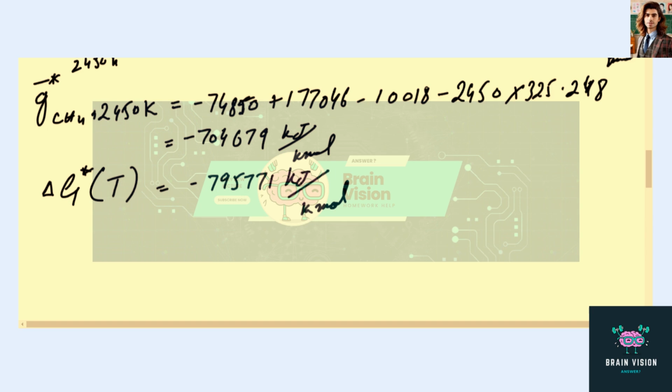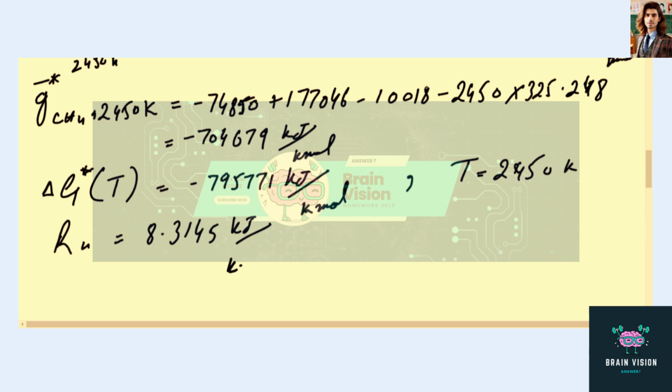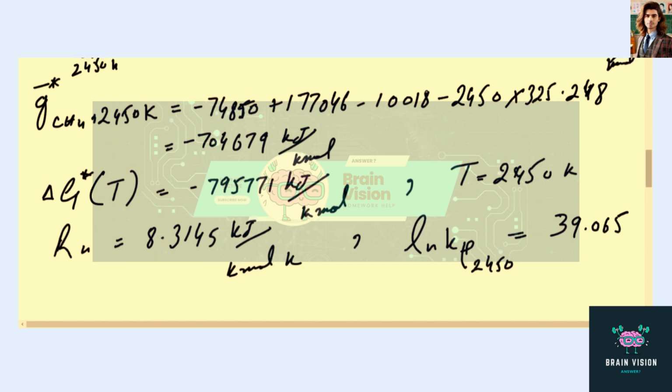So the natural logarithm of the equilibrium constant for T 2450 Kelvin would be, with Ru equal to 8.3145 kilojoules per kilomole Kelvin, ln Kp at 2450 is equal to 39.065.